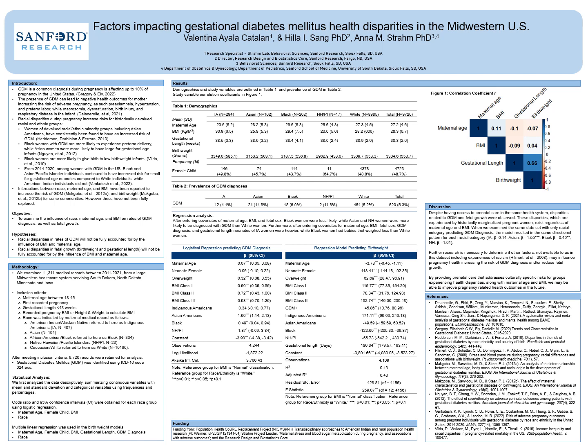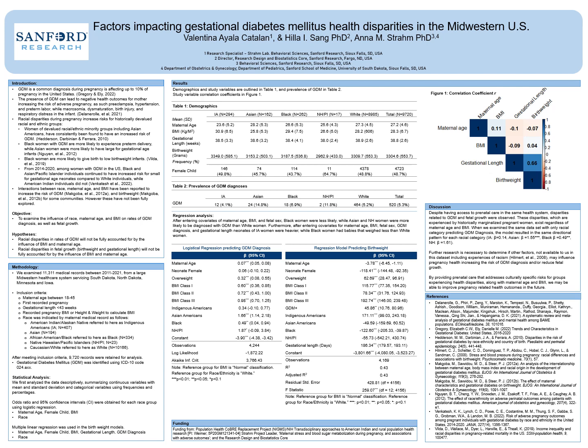We first analyzed the data descriptively, summarizing continuous variables with mean and standard deviation and categorical variables using frequencies and percentages. Then we computed odds ratios and 95% confidence intervals for gestational diabetes diagnosis for each racial group using logistic regression in which maternal age, BMI, and sex of the neonate were entered as covariates.